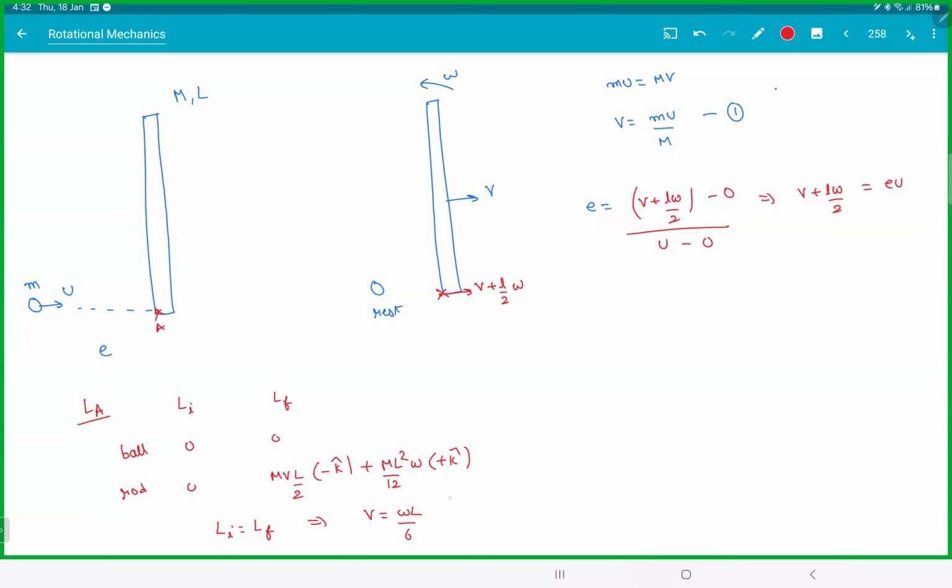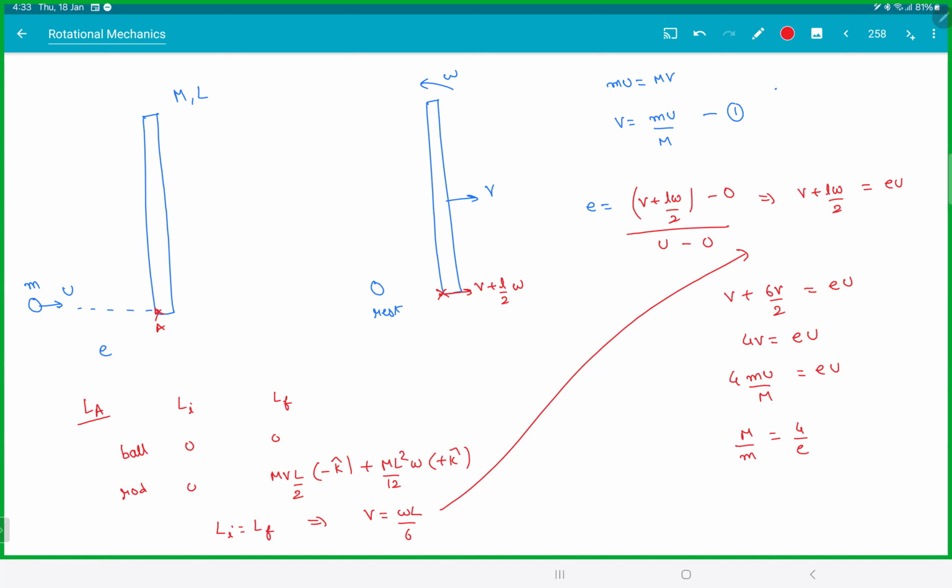Take this and put it in this equation. This would be omega L by 6 plus omega L by 2 is equal to eu. No, I don't want omega actually, I want V. So V plus 3V is 4V, which is equal to eu. And what is V? 4mu by capital M is equal to eu. So therefore I get m by M is equal to 4 by e.